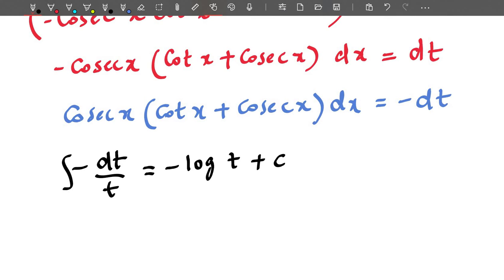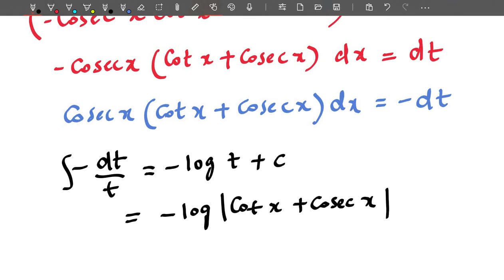So the t we assumed as cot x plus cosecant x, plus c.